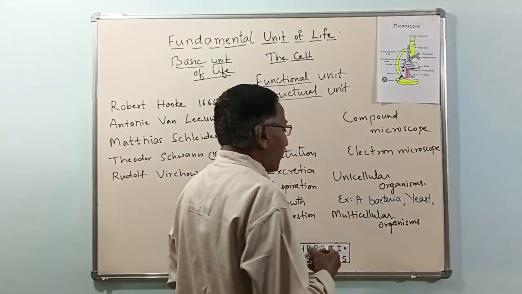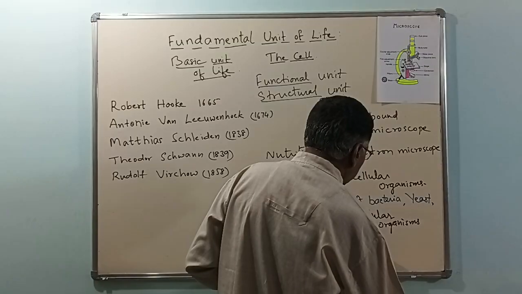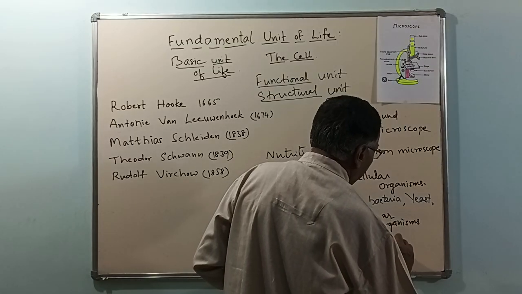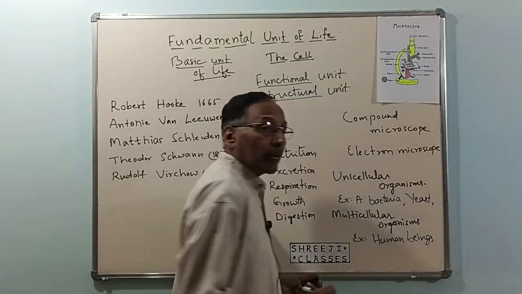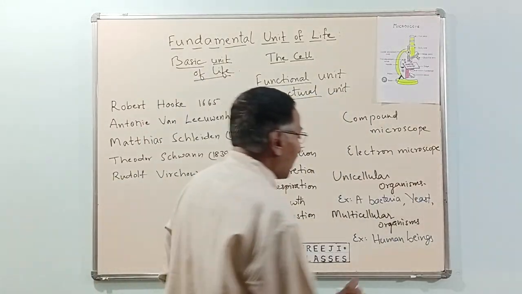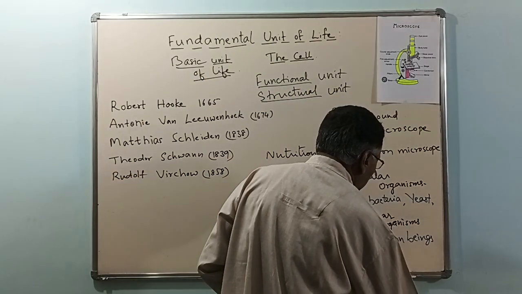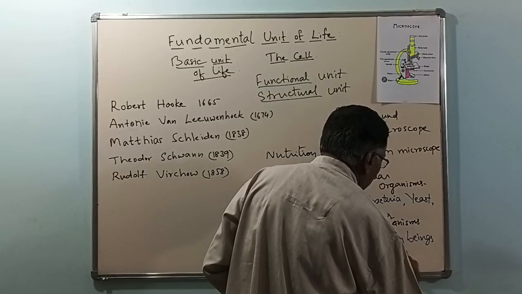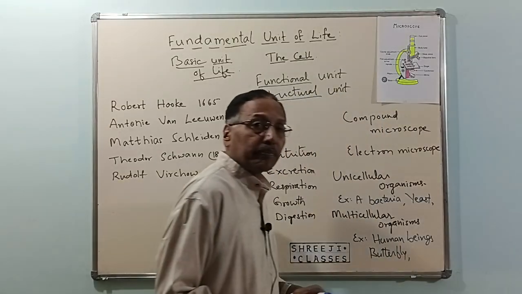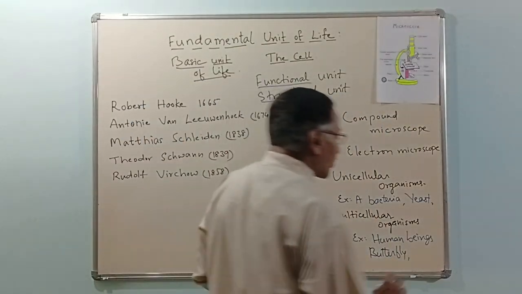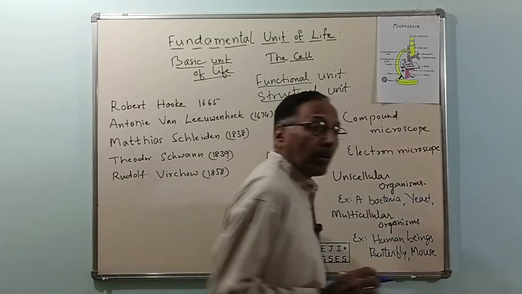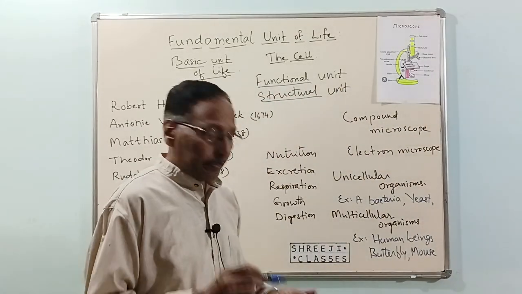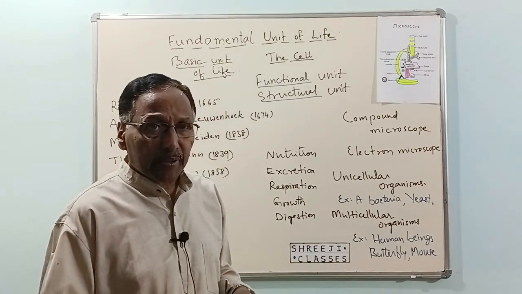Like our own self, human beings. We are multicellular. Even an insect like a butterfly is multicellular. Or a mouse. All these are multicellular. They are made up of more cells, right?